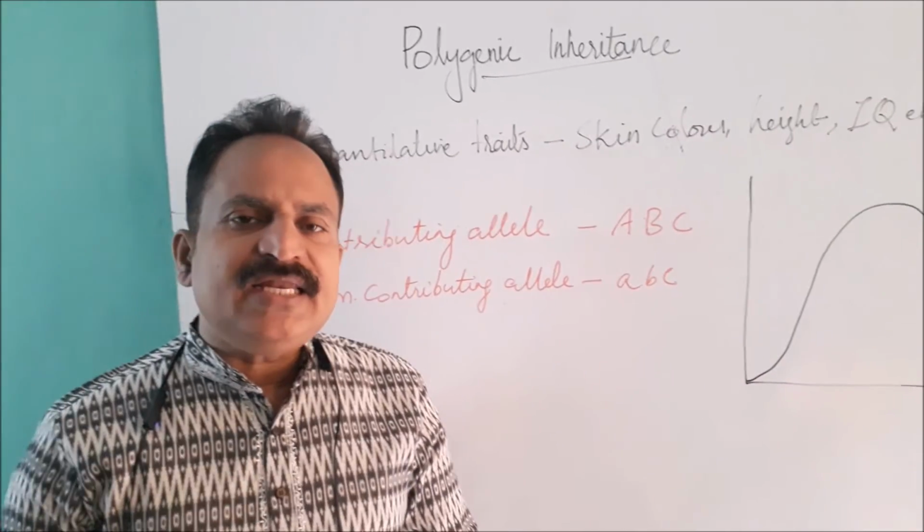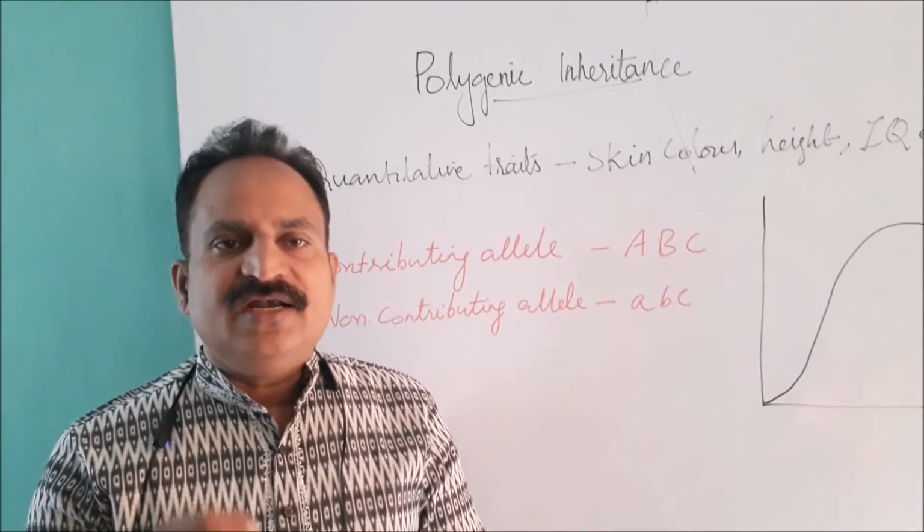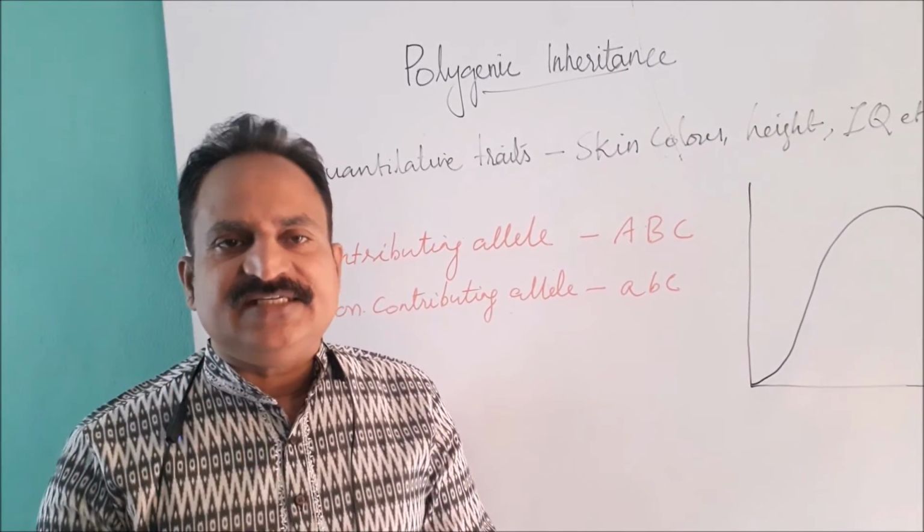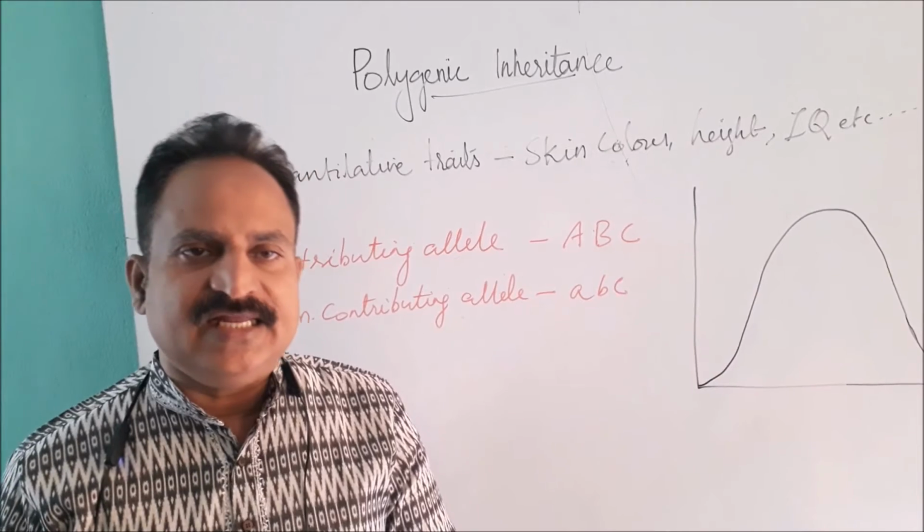The pigment melanin is responsible for dark coloration in the skin, and there are at least 3 genes which control human skin color.